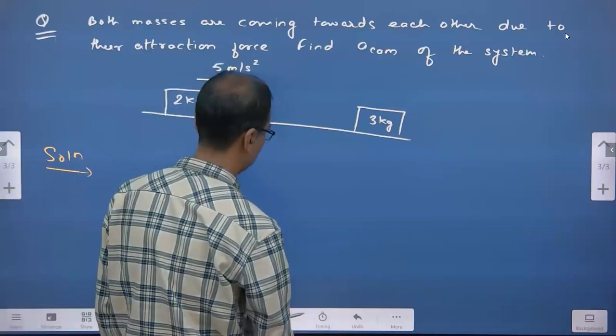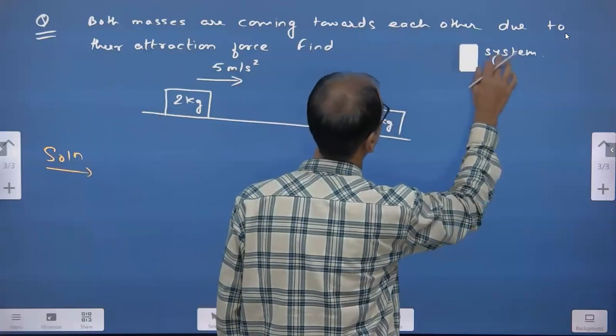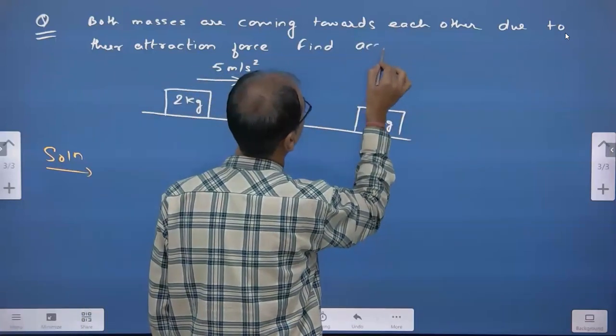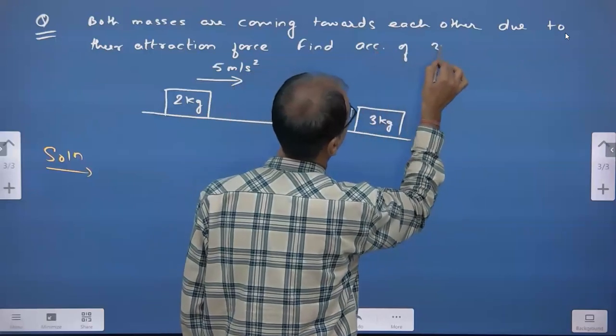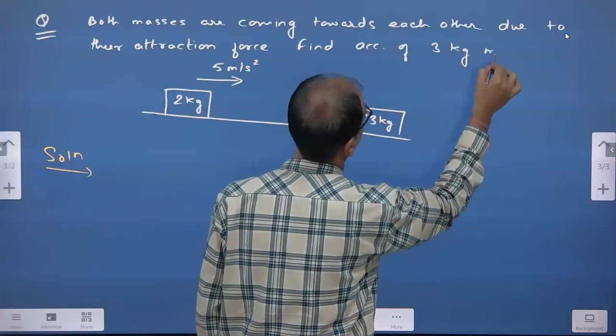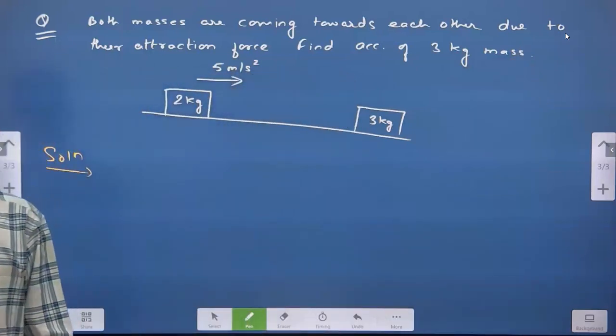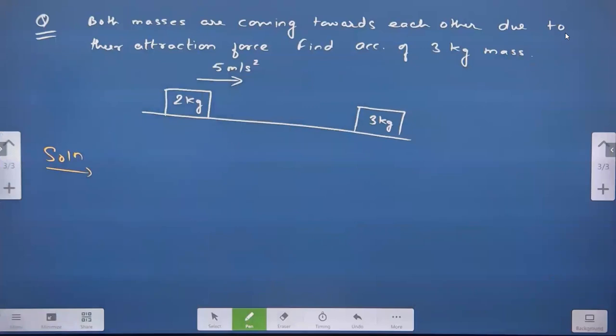And here it changes: find acceleration of 3 kg mass. That's the question for you. 2 kg mass is moving with 5 meter per second square. Find the acceleration of 3 kg. Come on. Try.